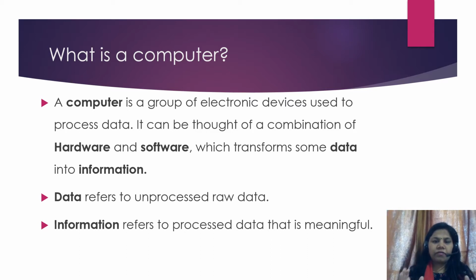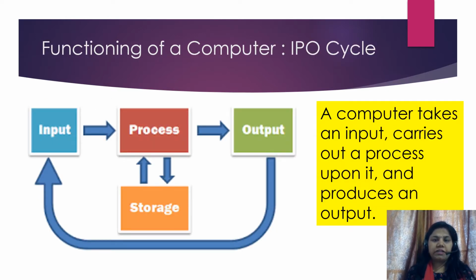Data means roughly we have some data, and when it is converted into useful data, then it is called information. So data refers to unprocessed raw data, and information refers to processed data that is meaningful, which I just explained. Next we will see the functioning of the IPO cycle.